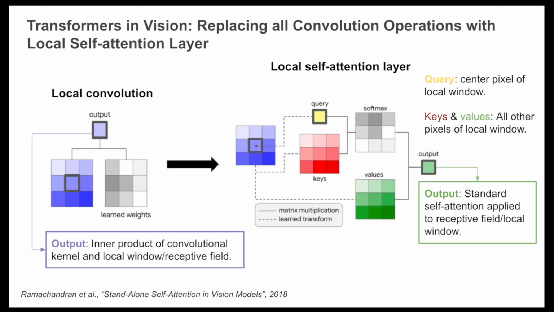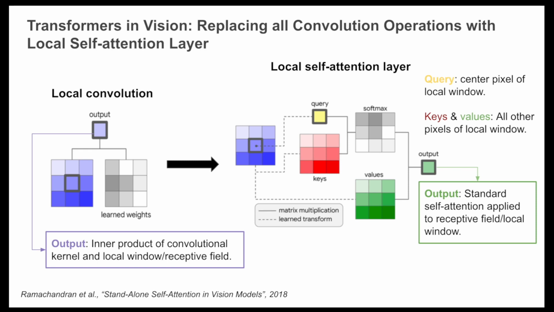This paper tweaks local convolution into a local self-attention layer by treating the center pixel as the query and all other pixels as keys and values, and then we perform self-attention within this local window and get the output.